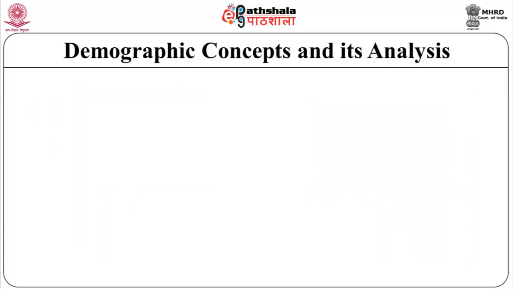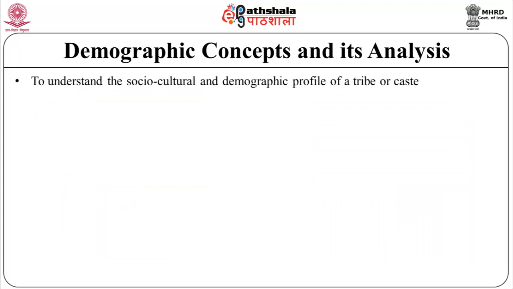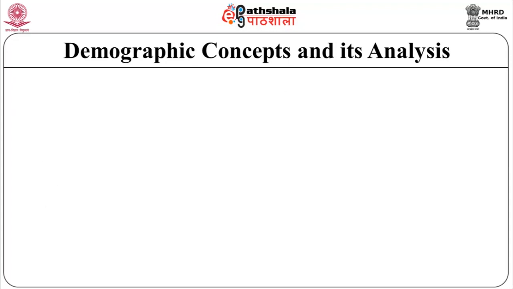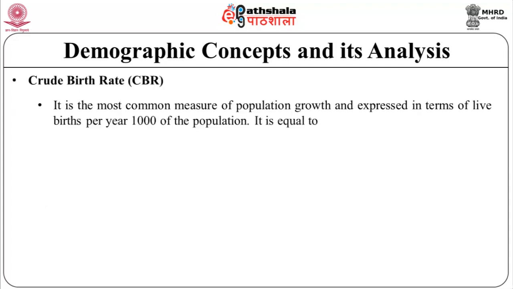Now let us see some of the demographic concepts and their analysis. To understand the socio-cultural and demographic profile of a tribe or caste, it is pertinent to know the basic concepts like the crude birth rate, fertility, fecundity, mortality, crude death rate, infant mortality, etc. The crude birth rate is the most common measure of population growth, and it is expressed in terms of live births per year per 1,000 of the population.